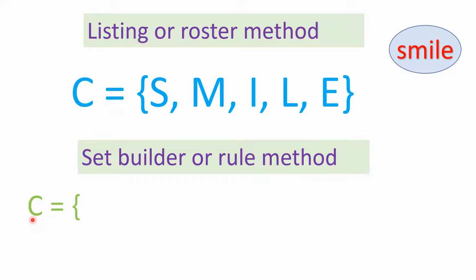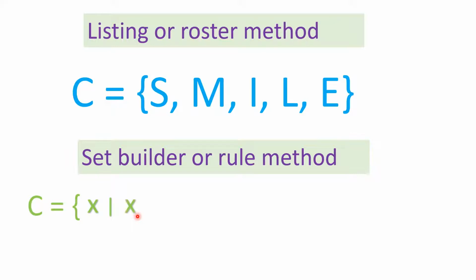C equal to, in the set builder form also, we will write the set in curly brackets. But what will come inside the curly brackets? Not all these elements. Instead, we write just x. x is a general representative of all elements of set C. Then we will put a vertical line, and after that vertical line we will specify the rule for membership of set C. And what is that rule?